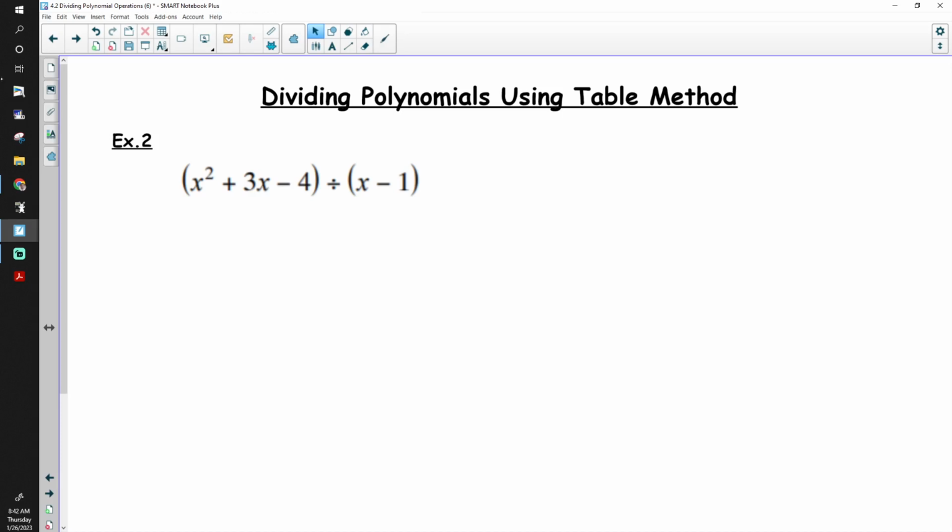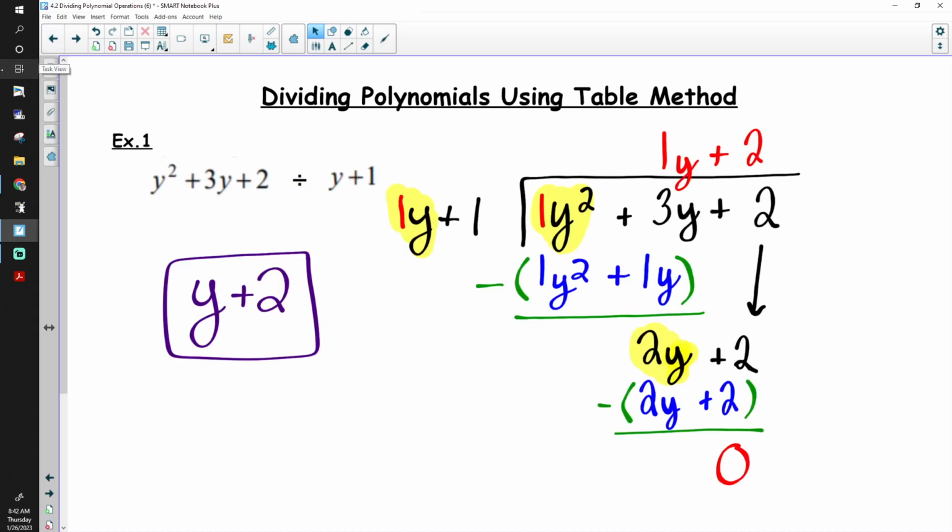Okay, here's another one. So y plus 2 is the answer for the first? Y plus 2 is the answer. And actually what's interesting is, do you know how you could check your answer? If y squared plus 3y plus 2 divided by y plus 1 is y plus 2, what could I do with y plus 2 and y plus 1 to check? Not divide them, I could multiply them.